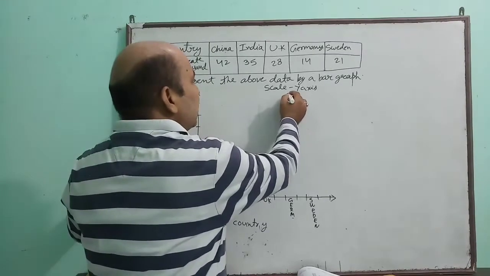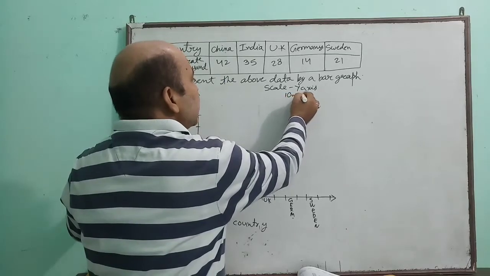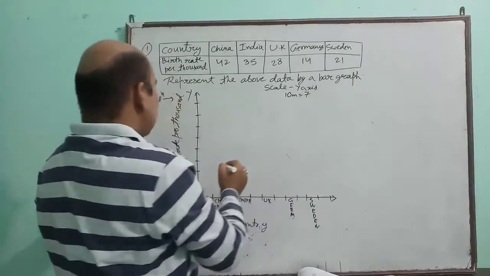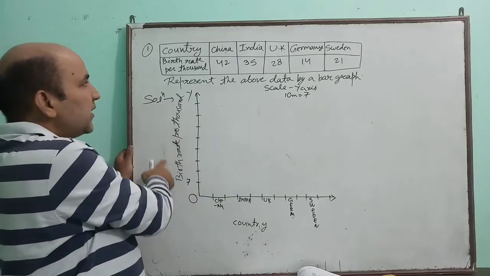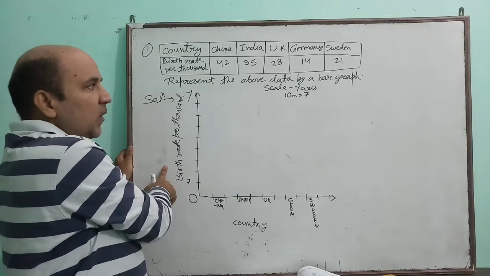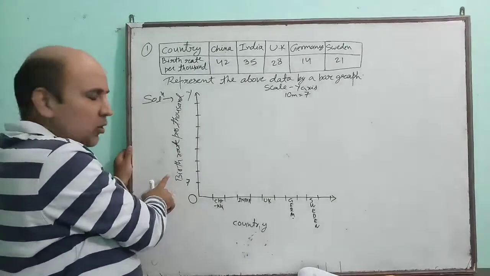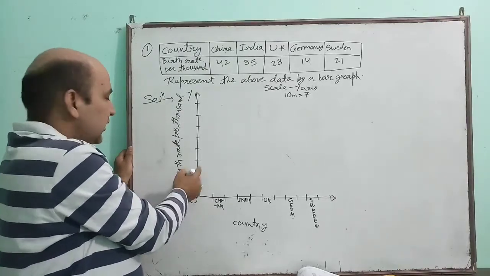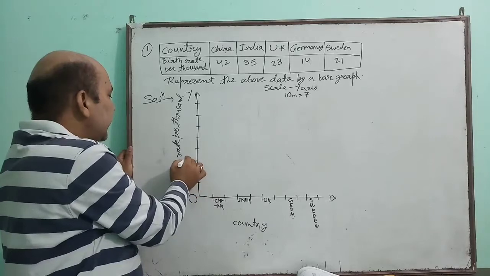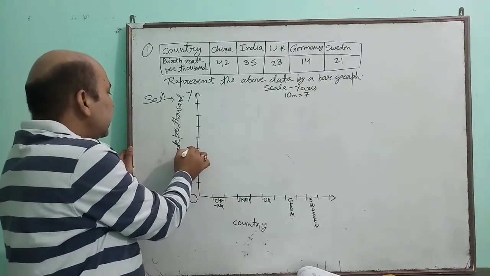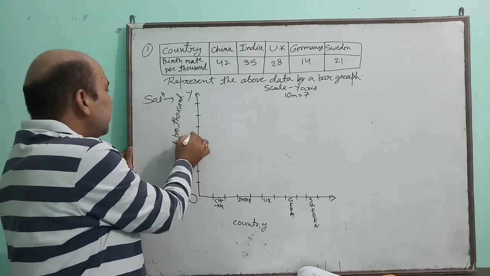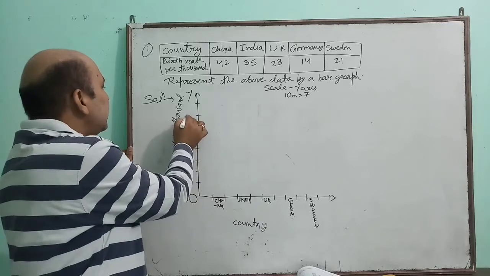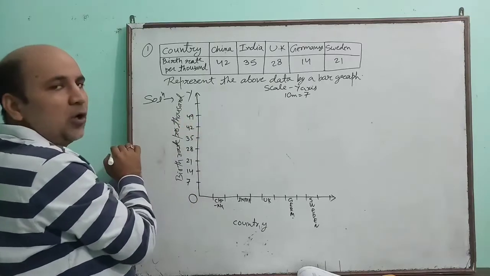What is the scale for the y-axis? 1 centimeter is equal to 7. Birth rate per thousand it is given, children. Okay, understood? So 1 centimeter is equal to 7. Then next will be 14, then 21, then 28, then 35, then 42, then 49 and so on.